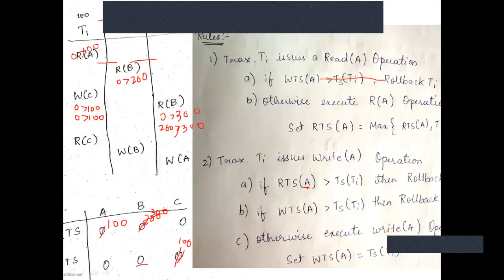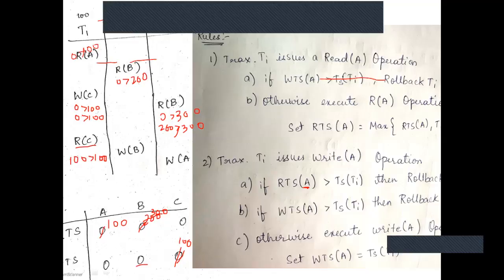Next, after reading B, now we are going to the T1 transaction where we are reading C. Whenever we read C, the conflict is with write, so we should check WTS of C. Now WTS of C is 100. Is 100 greater than 100? No, both are equal values.